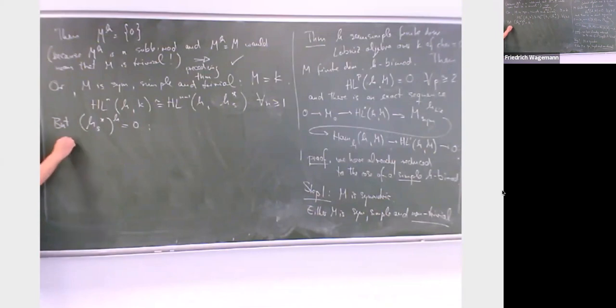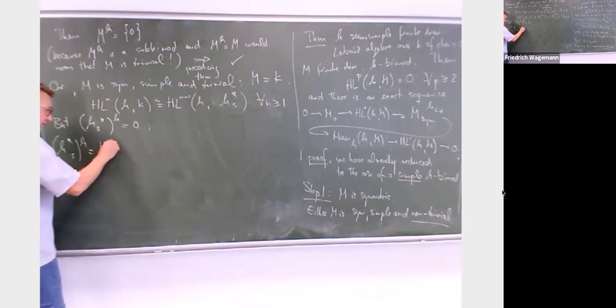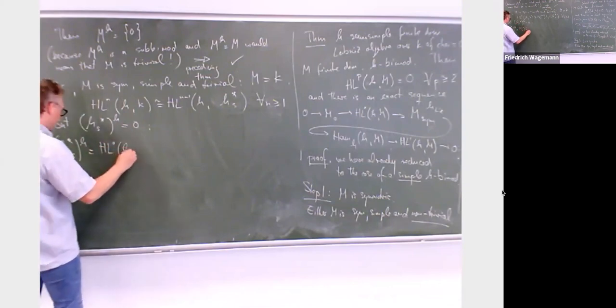Because the invariants, the right invariants are the 0 cohomology space.